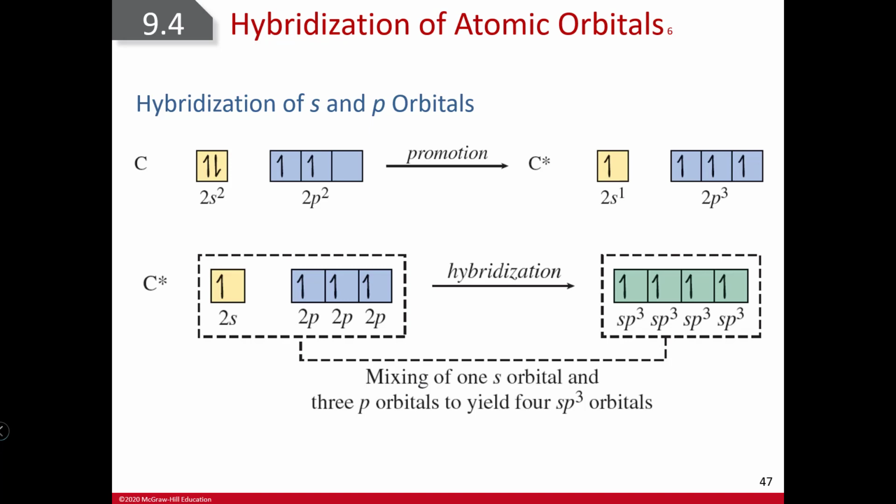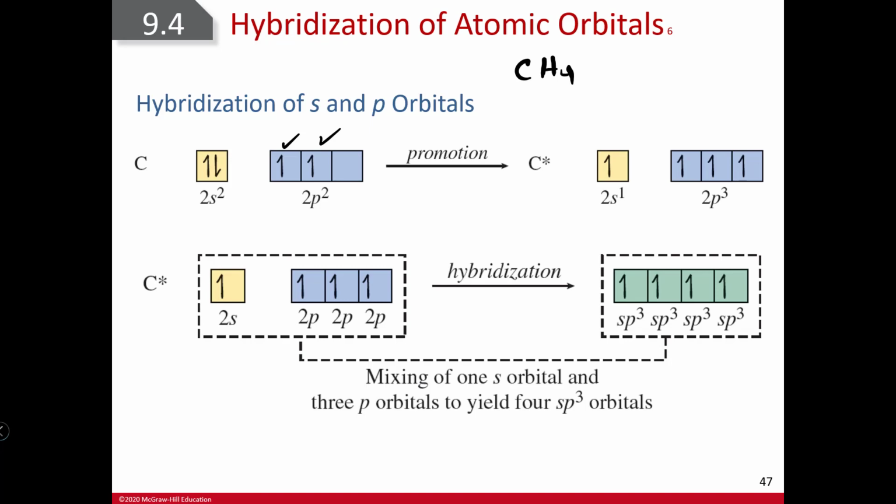Next one, sp3. All right, so we have carbon. Now here's the thing. If you look at carbon, you'd say it only bonds with two. It's only got two bonding sites. So how does it get four bonding sites? How do we get methane, CH4? Something has to happen.